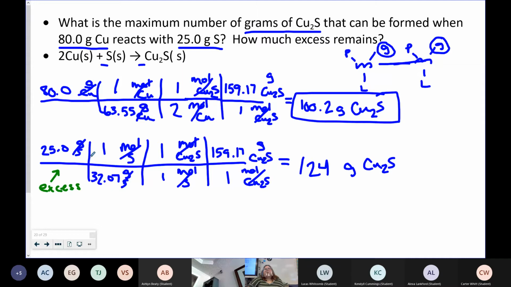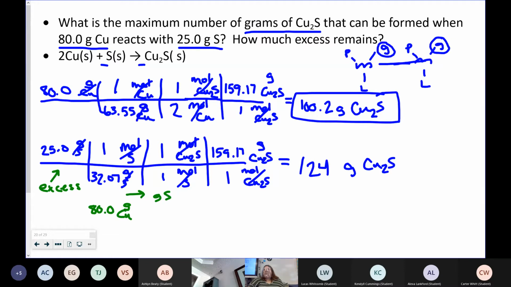One thing that you'll come across anytime you have a secondary question, whether it's how much excess is left over or how much of the other product is formed, something like that, you always start with your limiting reagent. So we're going to start with that 80 grams of copper, and we want to change it into that excess reagent, so into grams of sulfur.